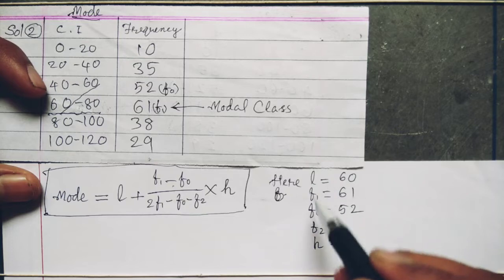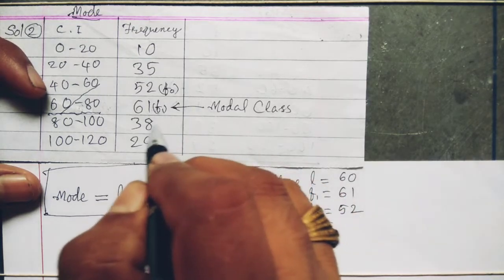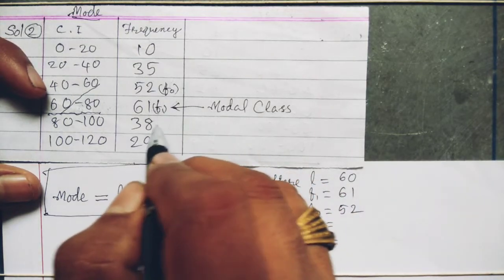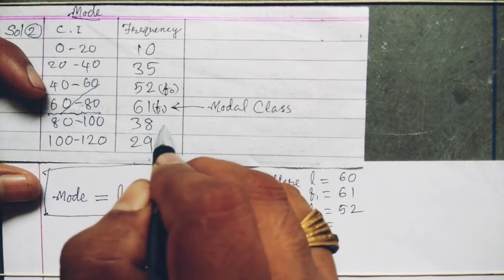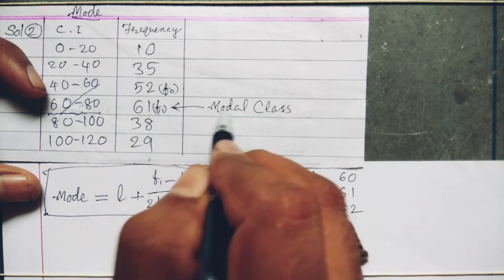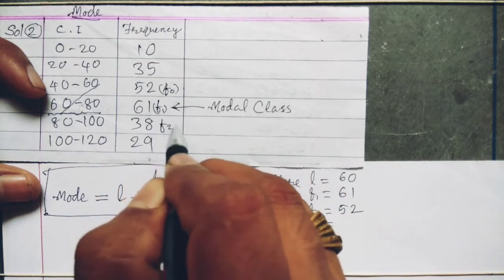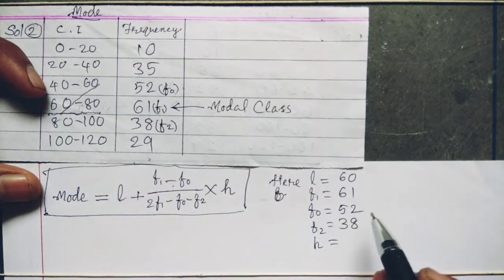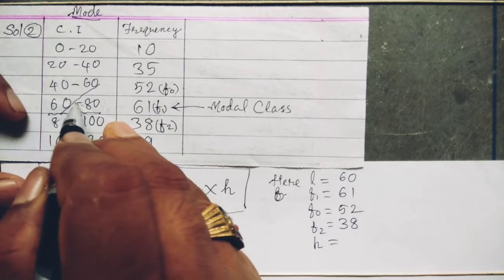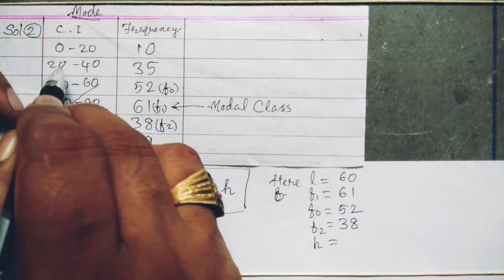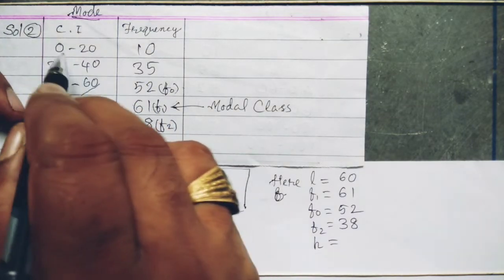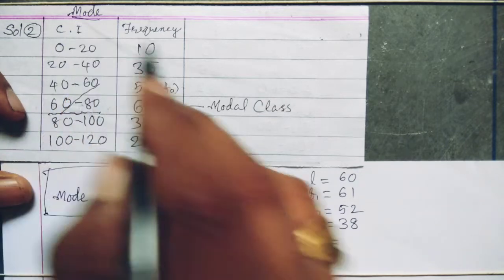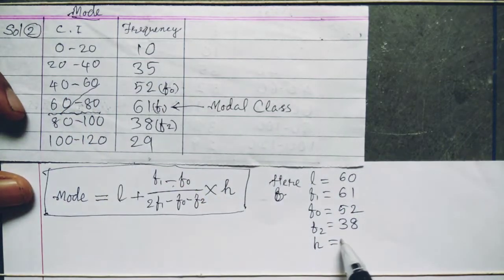Next, f2, the frequency of the succeeding class of the modal class, is 38. And h, the size of the class, the difference of lower limits or difference of higher limits, is 20.